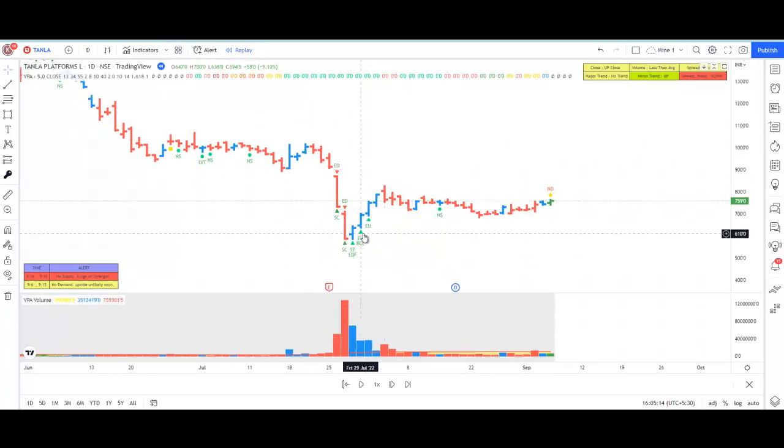Clearly, you can see that the VPA 5.0 clearly indicated this is a selling climax and this is also a selling climax. So the selling climax stopped the downtrend and the stock started moving sideways.